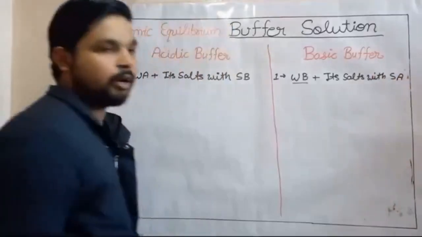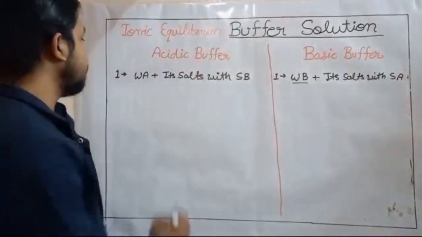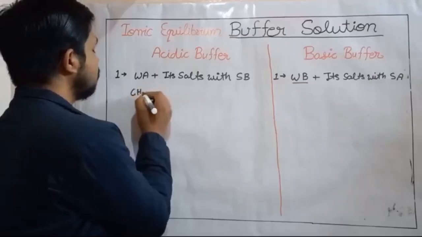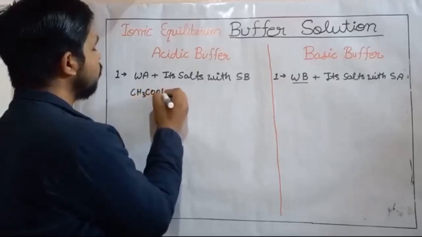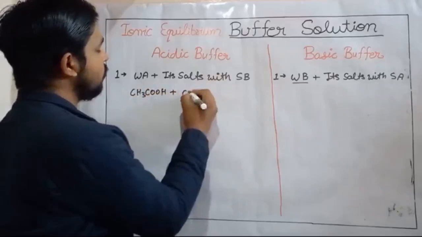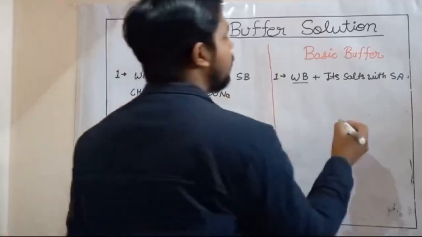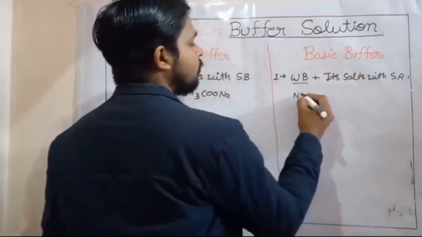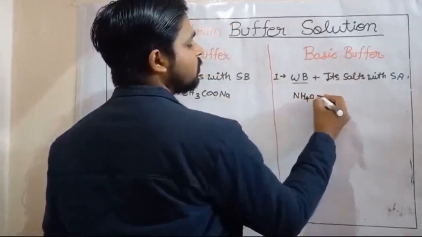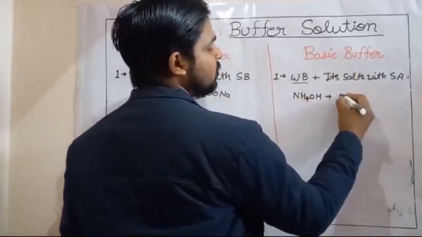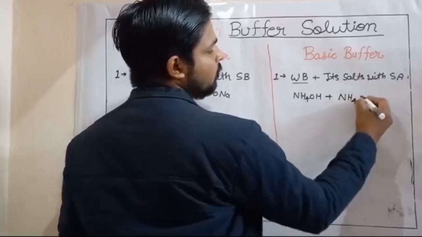Okay student, now we can take an example. Here the weak acid is CH3COOH with its salt with a strong base, CH3COONa. For the basic buffer, the weak base is NH4OH with its salt with a strong acid, NH4Cl.